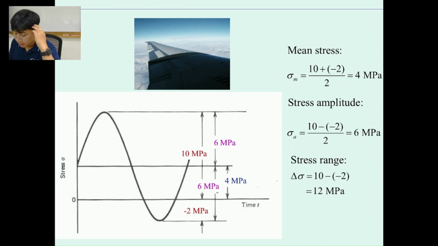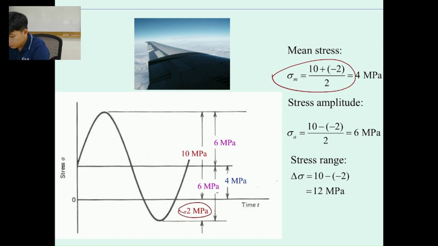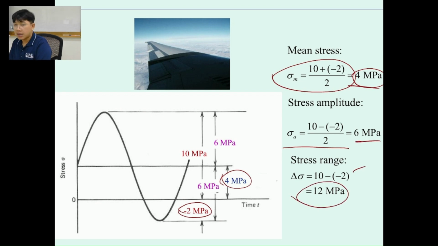For example, for the aluminum used to build airplane wings, they set the maximum stress over here at 10, and then the minimum at -2. So we can just put it here, which means the average or the mean equals 4 megapascal, the amplitude is going to be 6 megapascal, and the stress range equals 12 MPa.